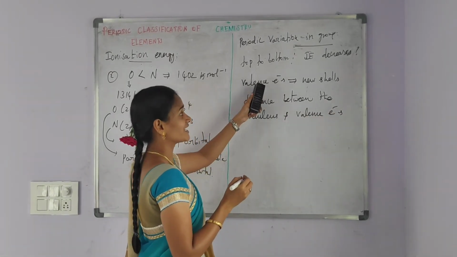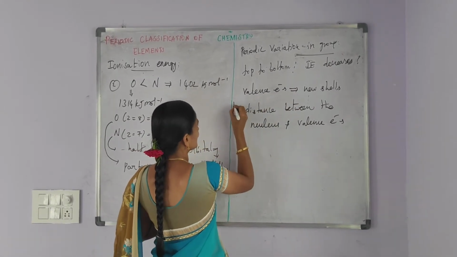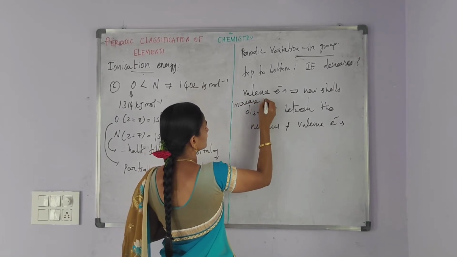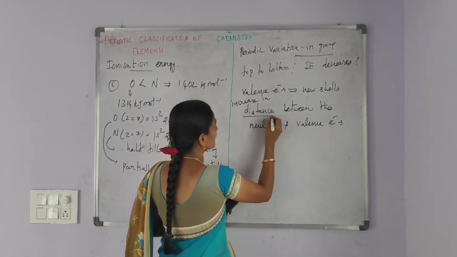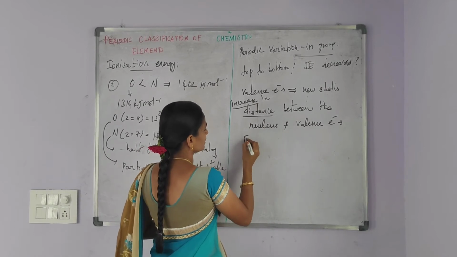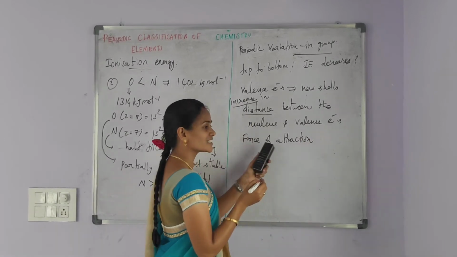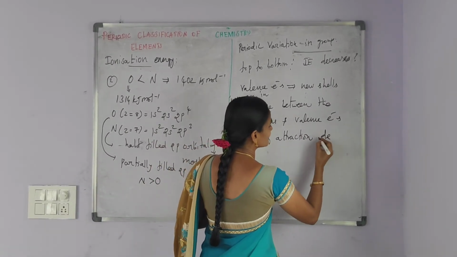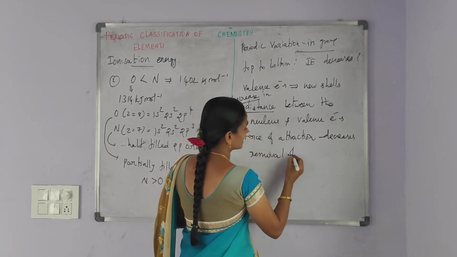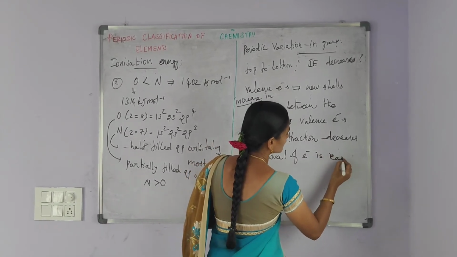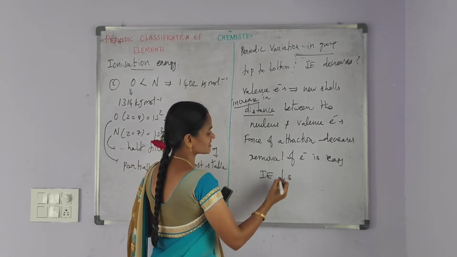I am repeating, valence electrons are added to the new shells. It leads to the increase in distance between the nucleus and valence electrons. If the distance increases, the force of attraction between the nucleus and the valence electron decreases. So, removal of the electron is easy. So, on moving down the group, ionization energy decreases.